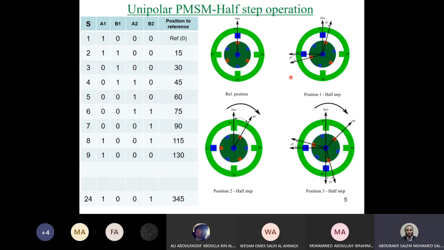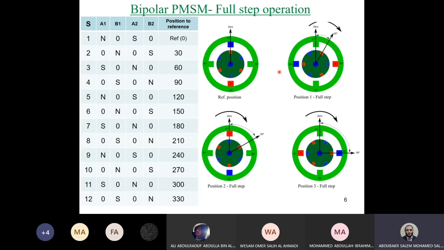So you cannot energize one complete coil at the same time. This is for the unipolar motor. However, for bipolar, all of the coil will be connected together, and it's expected to have two polarities at the same time. So let's switch to the bipolar motor.